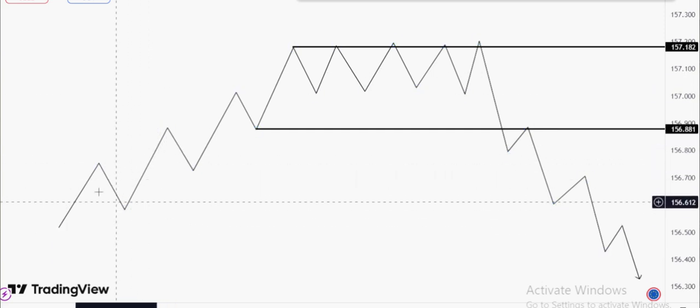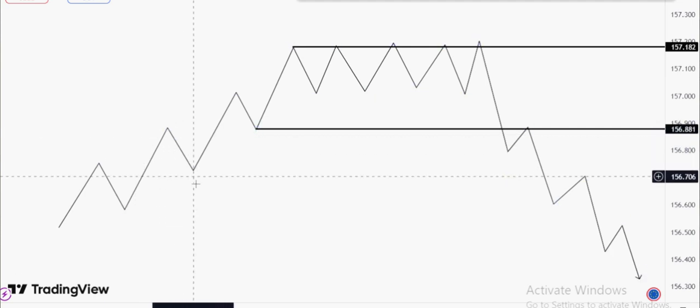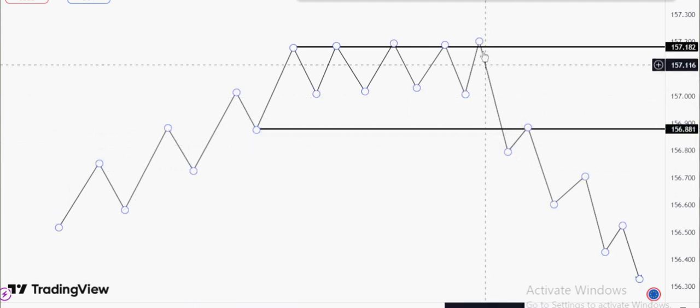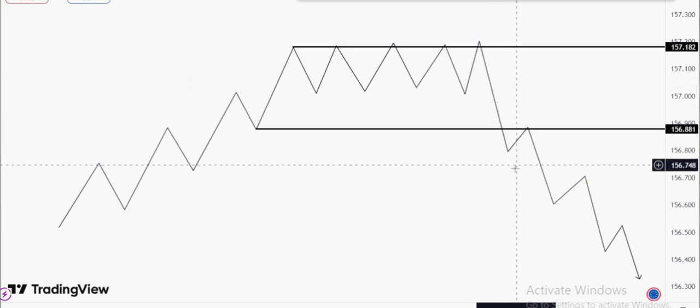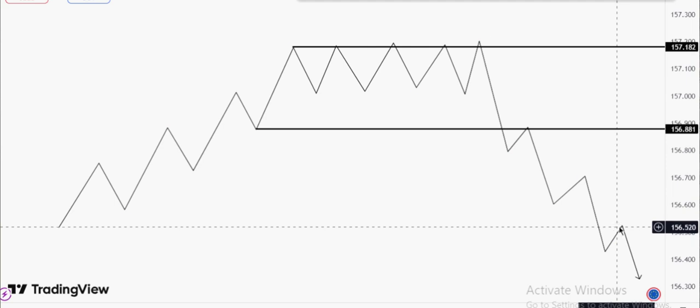So in a bullish market we have higher highs and higher lows, higher highs and higher lows. In the case of a bearish market we have lower lows and lower highs, lower lows and lower highs.